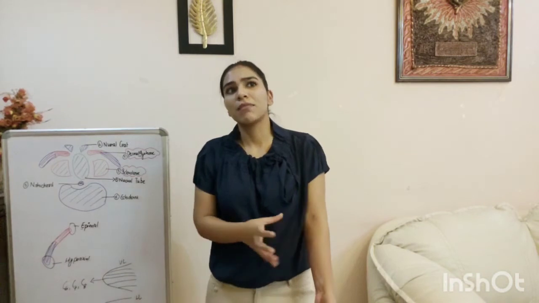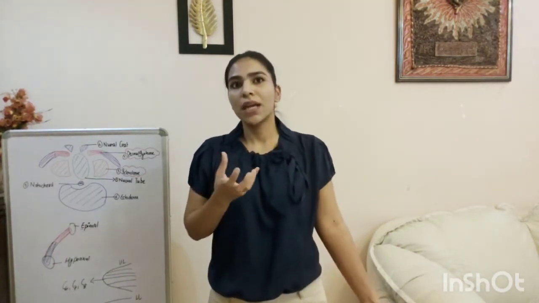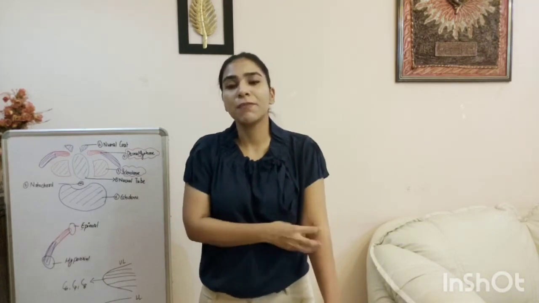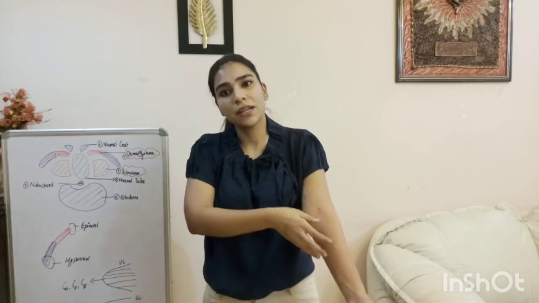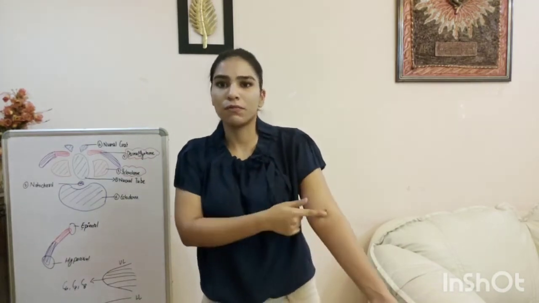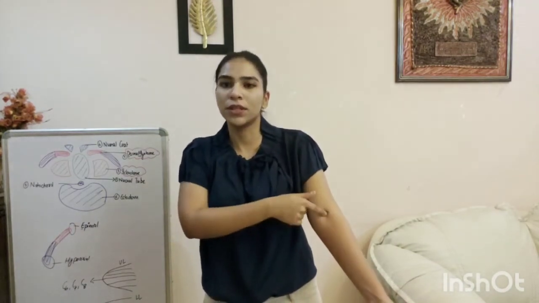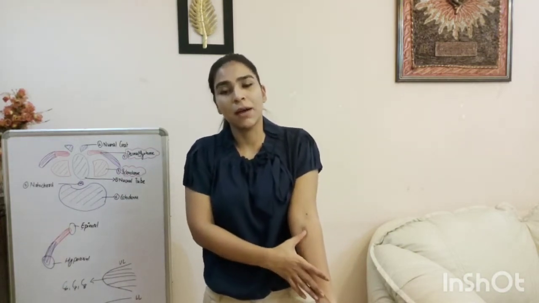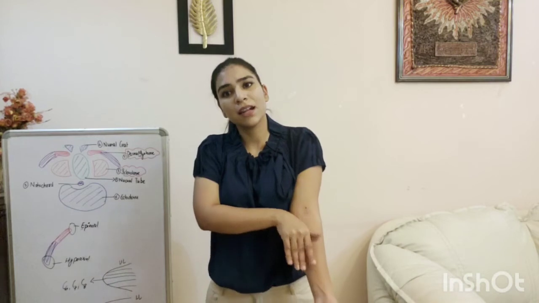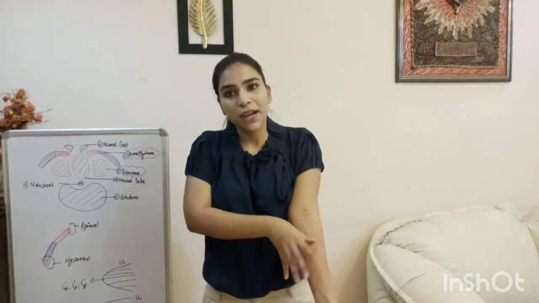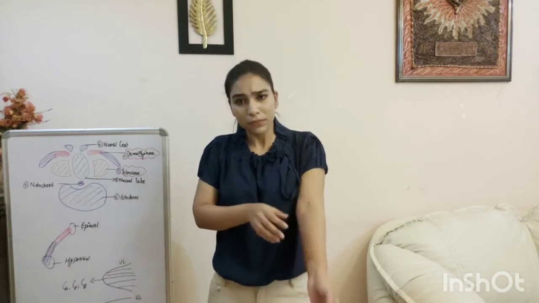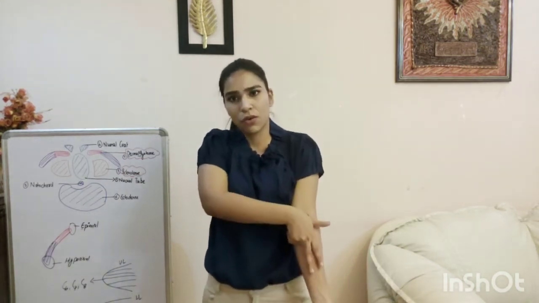Sometimes the ulna is shorter, sometimes the radius is shorter, sometimes there might be fusion between the radius and ulna. First it divides into 2 forms: first the humerus is going to be there, and then a single bone as radius and ulna, and then that radius and ulna is going to divide into 2 bones. So when it is divided into radius and ulna, it is going to be a joint.